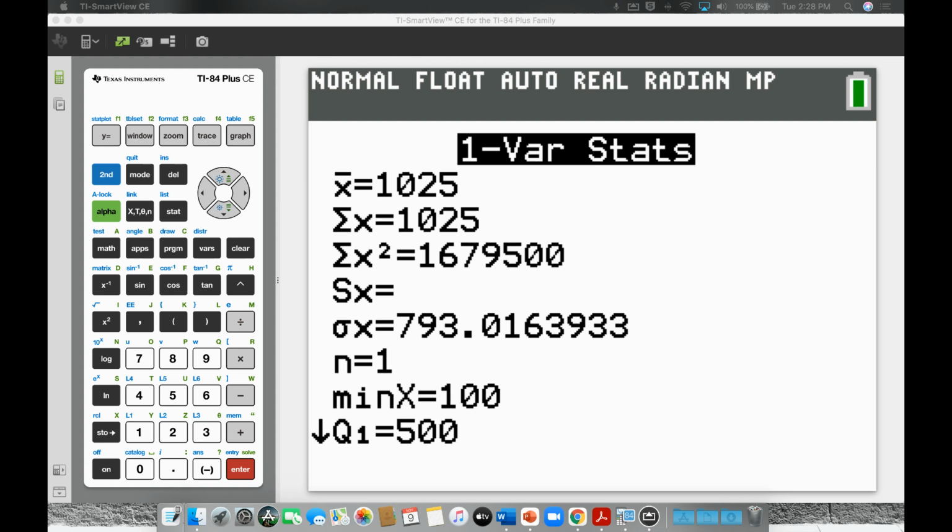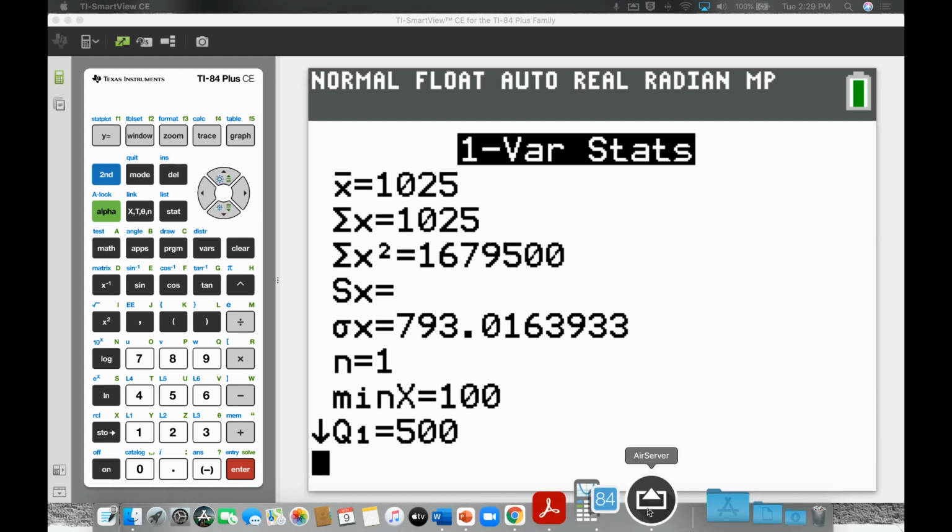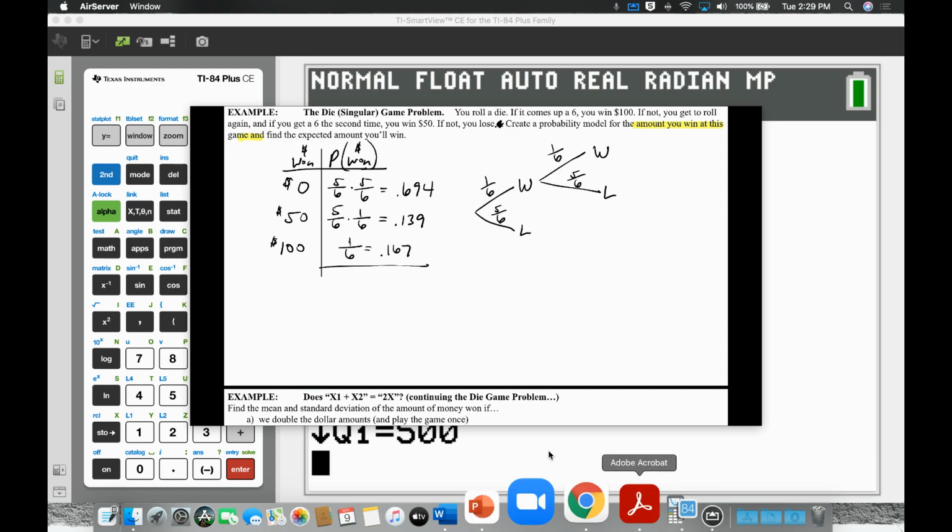To get $50, I had to have not hit 6, and then hit 6 on the next one. What's the probability of not hitting 6 on the first one? 5 out of 6. And then the next one is 1 out of 6, right? So 5 out of 6 times 1 out of 6 equals 5 out of 36. As a decimal, that's 0.139. And then the rest of the probabilities have to be losing, right? Losing means you don't get a 6 the first time, and you don't get a 6 the second time.